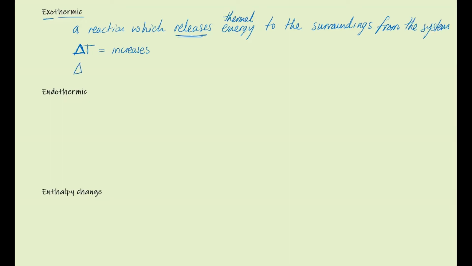The other one is delta H. Now, you may have seen this at GCSE, and H is enthalpy, and we'll look at the definition of that in a moment. But that triangle means change again. It says the enthalpy change, and the enthalpy change here is negative. It goes down, and the units for that is kilojoules per mole, which I'll pop up here anyway, even though we're going to look at it later.